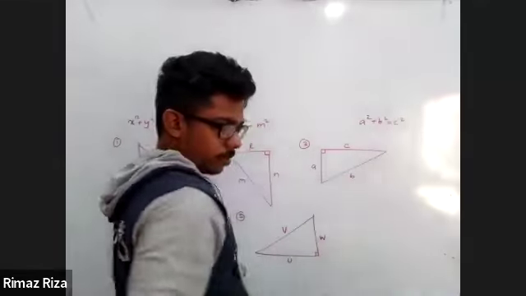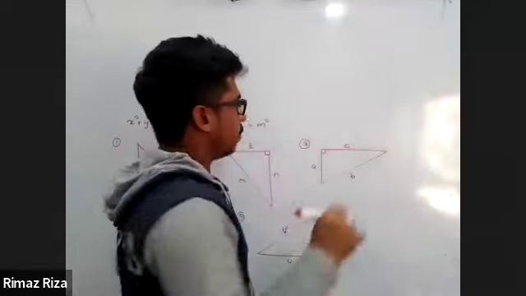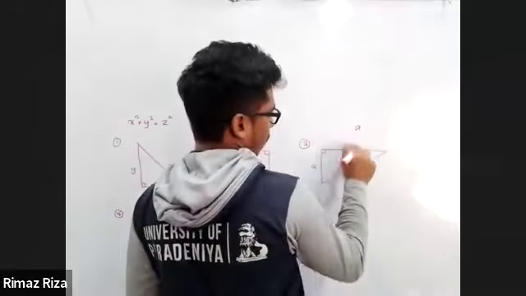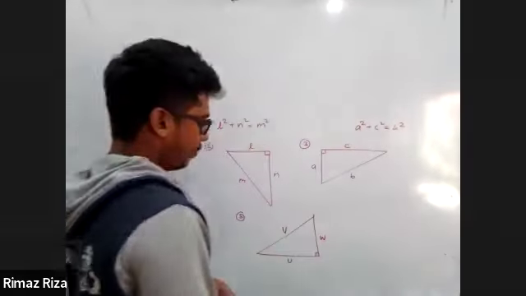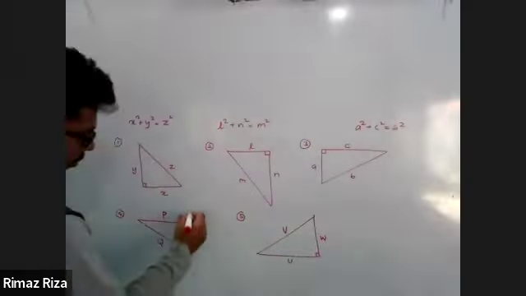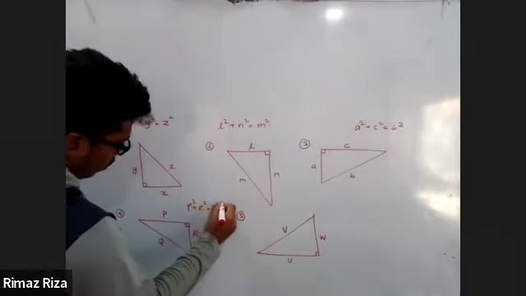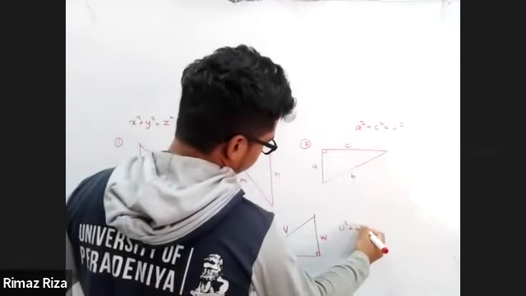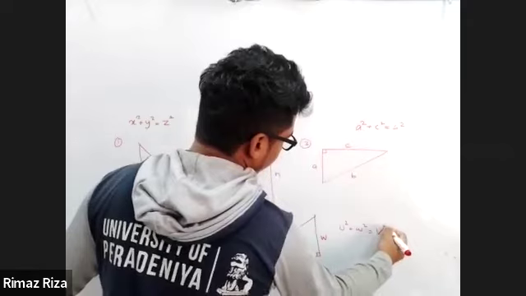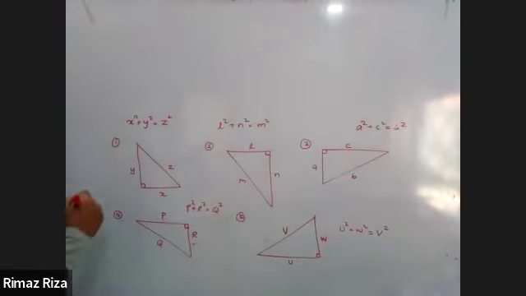It should come to the other side. So a squared plus c squared is equal to b squared. Here we have p squared plus r squared equals q squared. Here we have u squared plus w squared equals v squared.